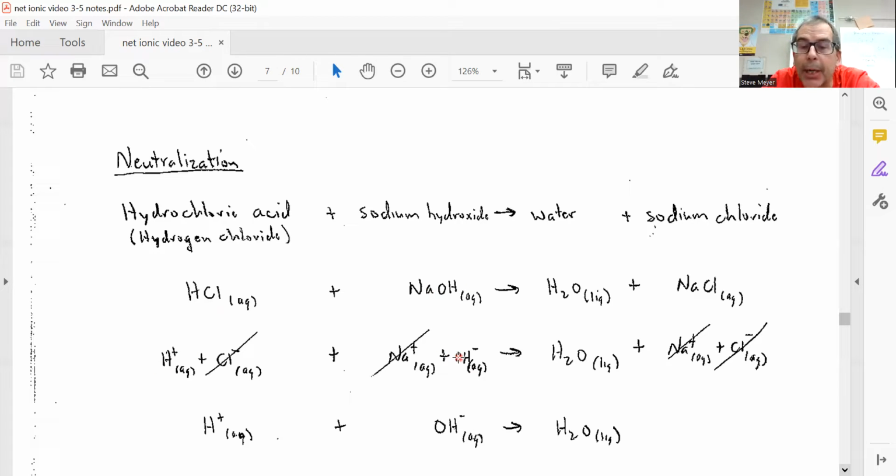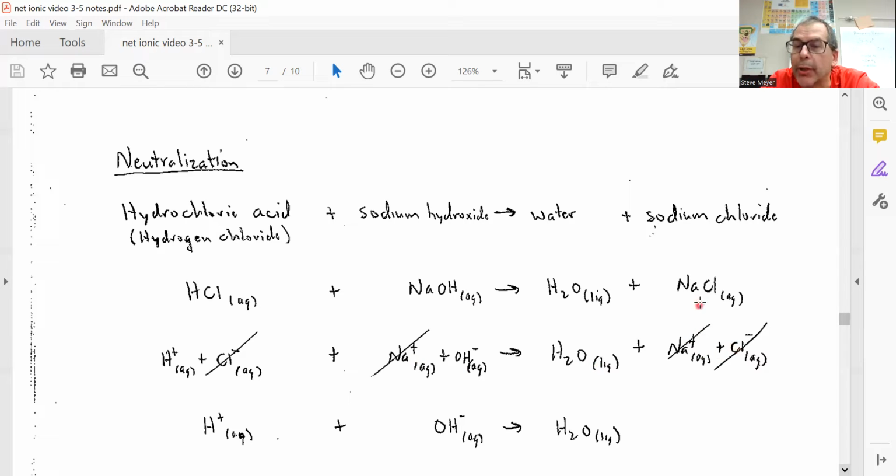With that happening, it doesn't form a solid, but these ions don't remain separated. They actually combine to form water. And water by itself is a liquid, it doesn't break up into ions, at least to any significant extent. So we're going to call this H2O liquid to indicate something went on. Now, what about the Na and the Cl?